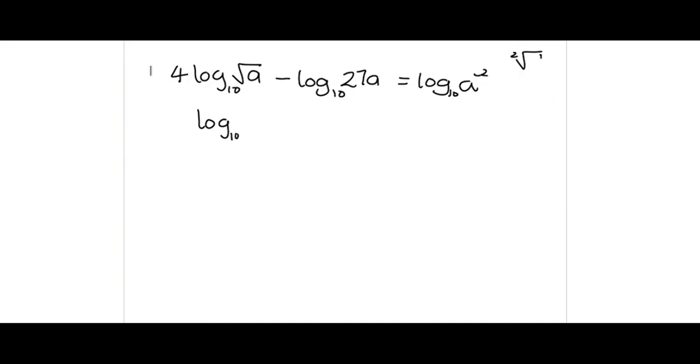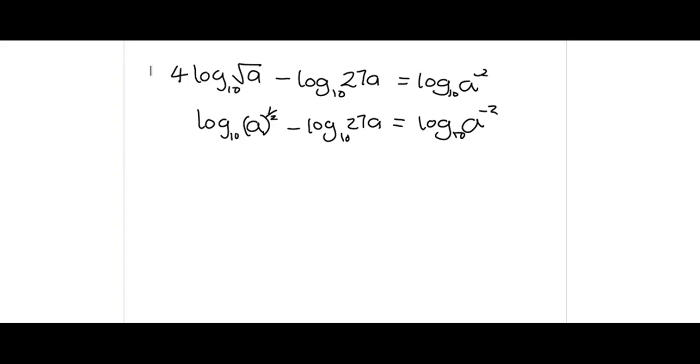So this is log in base 10 of a raised to the power of half minus log 27a in base 10 equal to log of a raised to the power of minus 2 in base 10.